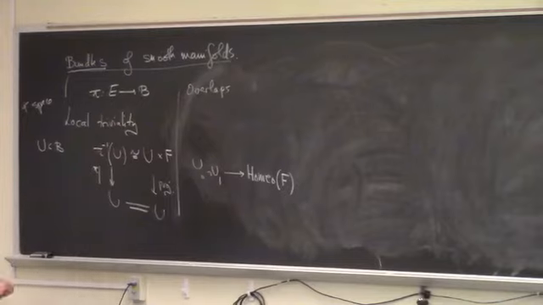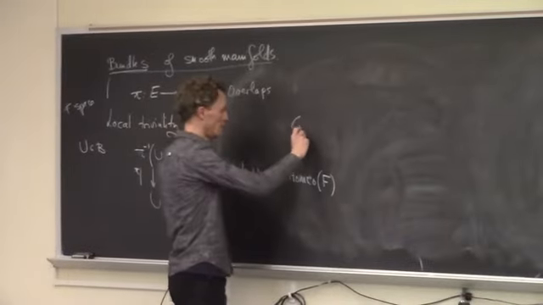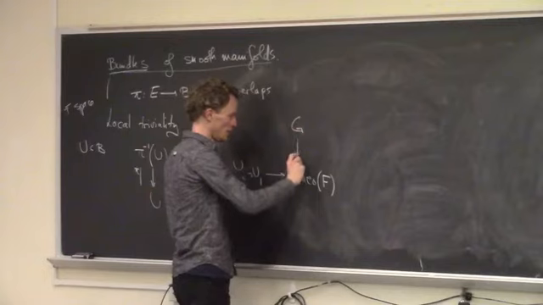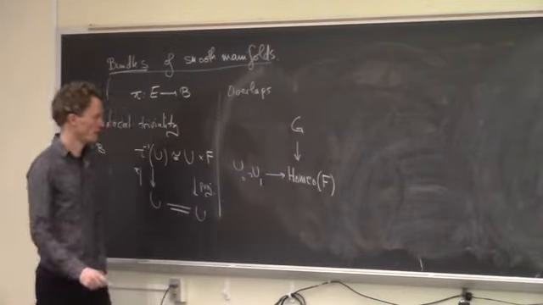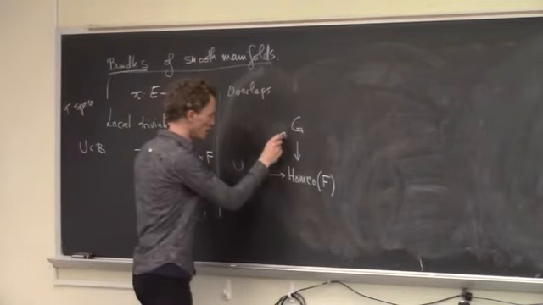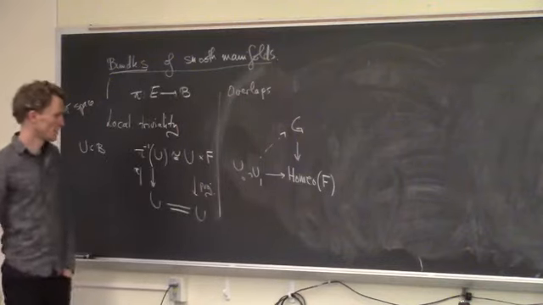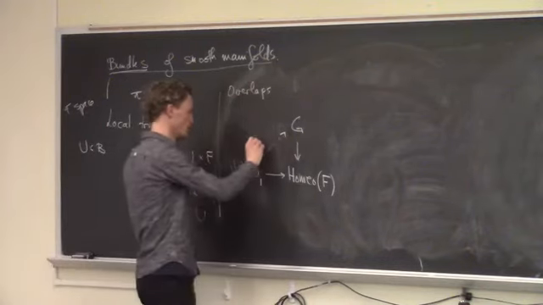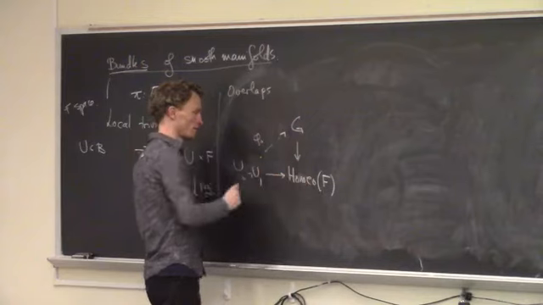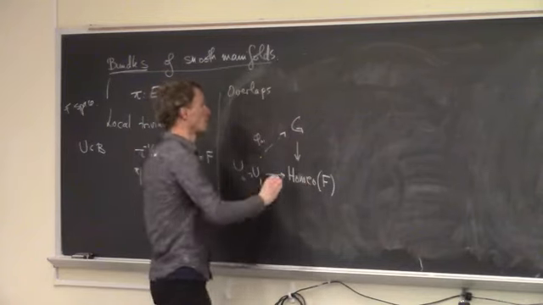And when we say that the bundle has structure group G, we mean that the transition map factors through some subgroup of the homeomorphism group.